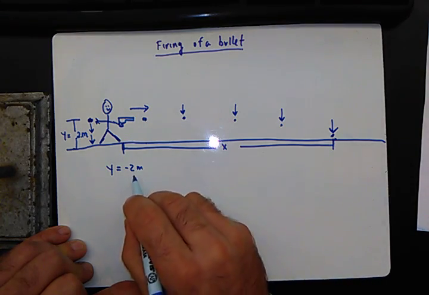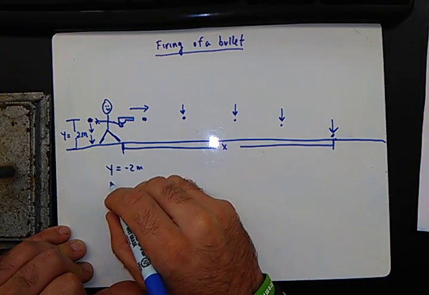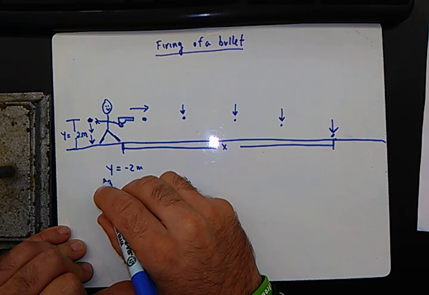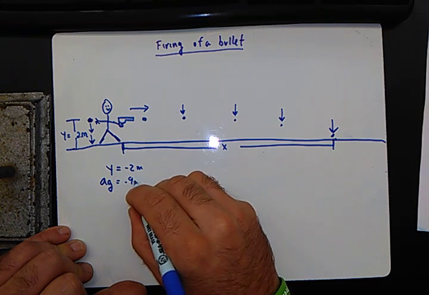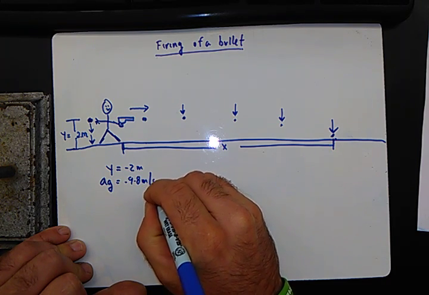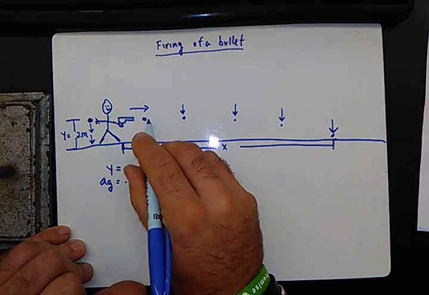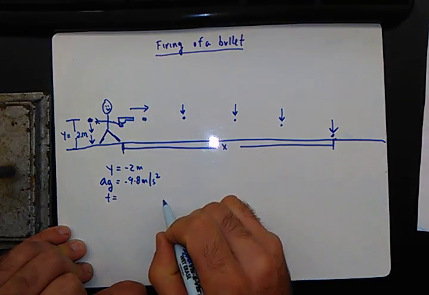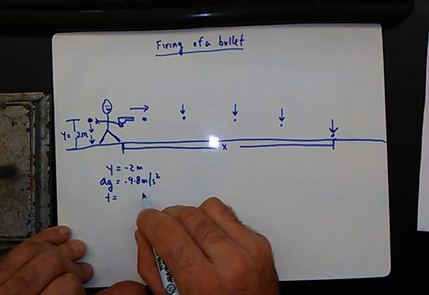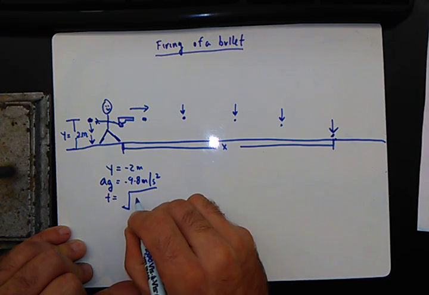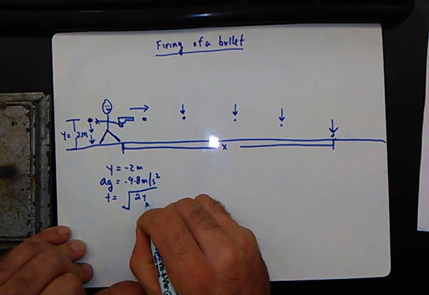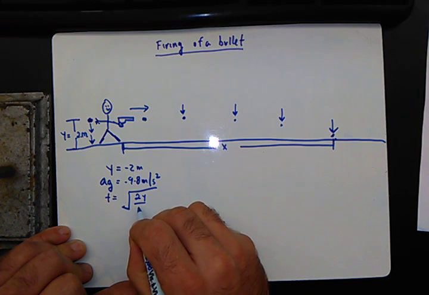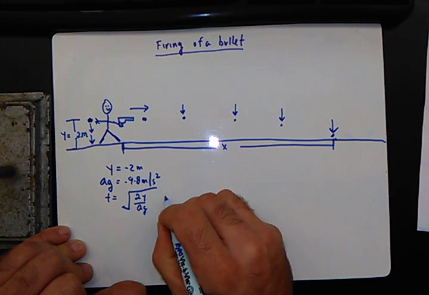So the height is negative 2 meters, because it is going to go down. I know that the acceleration of gravity is negative 9.8 meters per second squared, and I can come up with the time that this thing is in the air. The time of something in free fall, given no initial velocity, is the square root of 2 times the displacement over the acceleration of gravity.